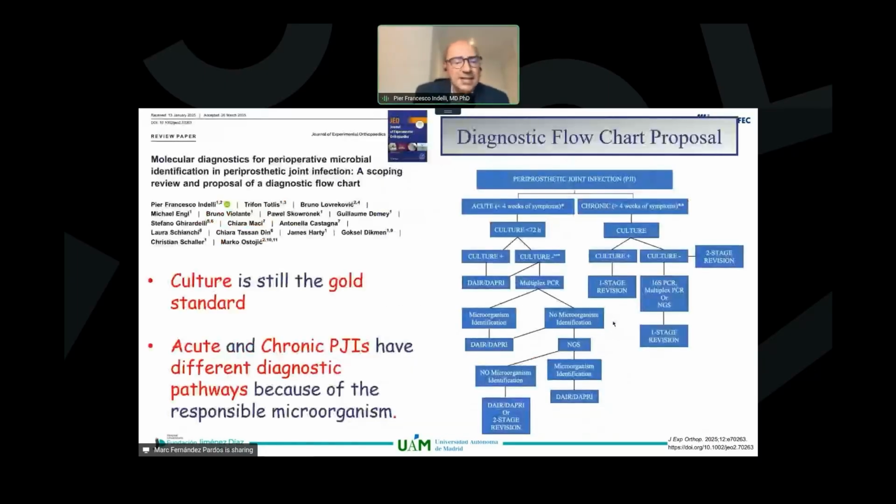So the take-home message of this scoping review was that, yes, as Dr. Esteban Moreno just said, culture is in 2026 still the gold standard, but we can get a lot of help in identifying the microorganism from molecular diagnostics. And what we highlight is that acute and chronic PJIs have different diagnostic pathways because they have different responsible microorganisms.